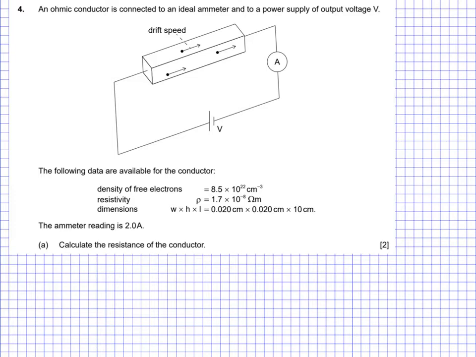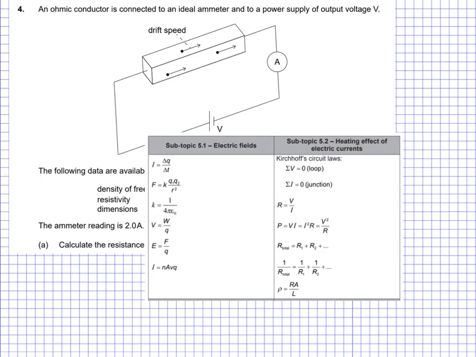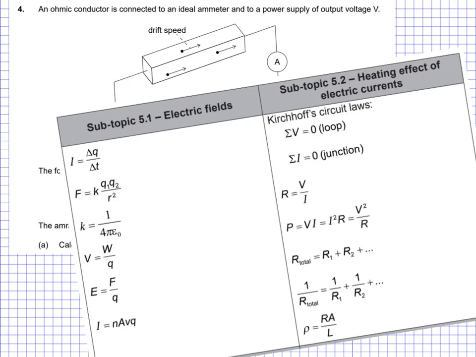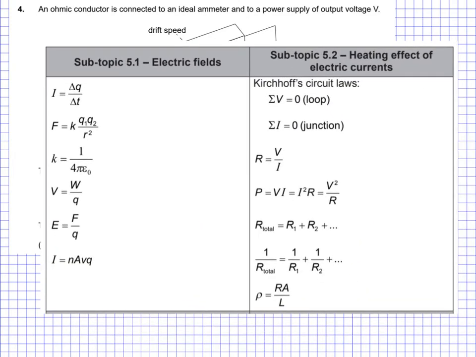So bringing in our data sheet, hopefully you can recall it's going to be topic 5. Here are all the formulas that we have available, and we recognize that we've got rho, the resistivity. We've also got the length and the cross-sectional area.